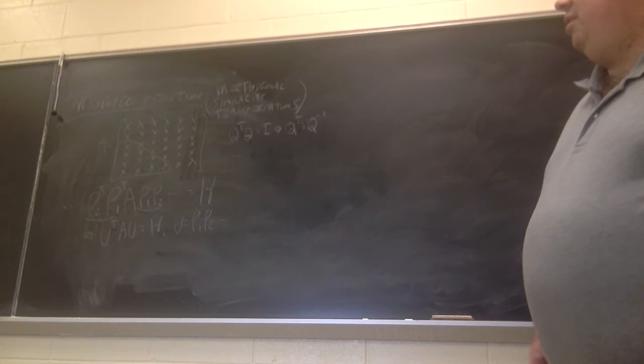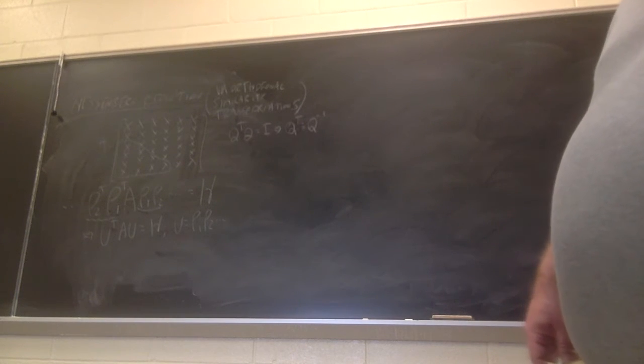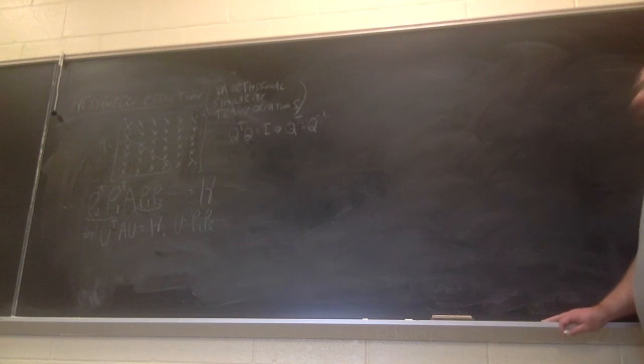Now, what is an orthogonal matrix that we've seen that is good for zeroing out lots of entries? What's a really destructive orthogonal matrix?